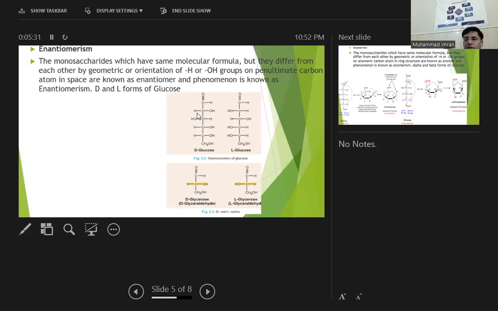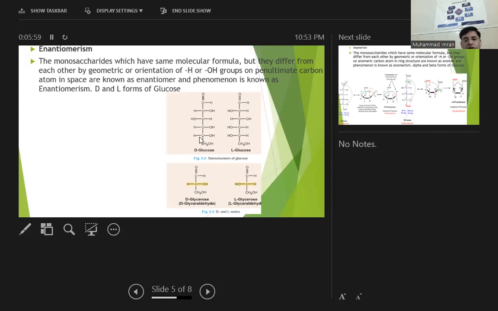D and L forms are mirror images of each other, but they cannot be superimposed on each other. Like the mirror image of the right hand looks like the left hand in the mirror.